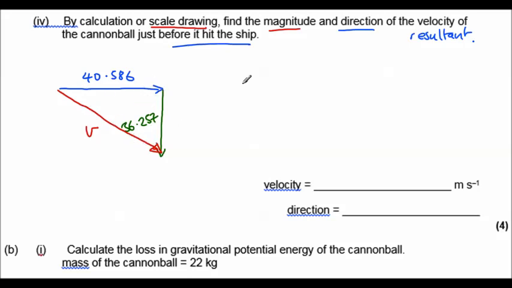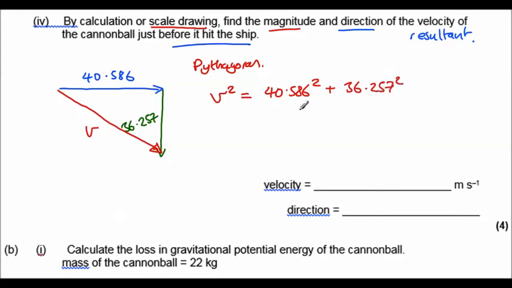If instead you want to do it by calculation, then you use Pythagoras, and you're going to have that v squared is going to be the 40.586 squared plus the 36.257 squared.